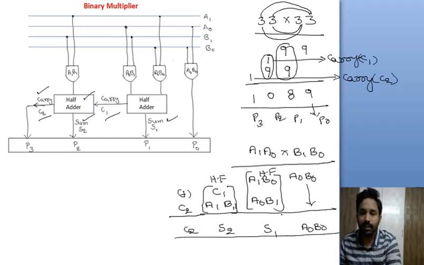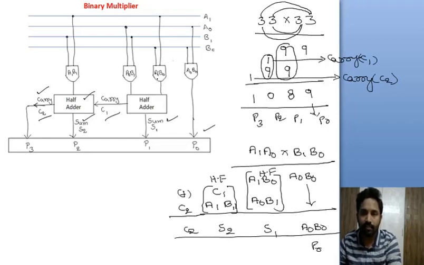This is the way. Now observe here, first of all, A0 B0. I have considered 4 bits here, the inputs A1, A0 and B1 and B0. So here A0 B0 is directly taken as the output, that is the P0 output. Next, I need to add A1 B0 and A0 B1.